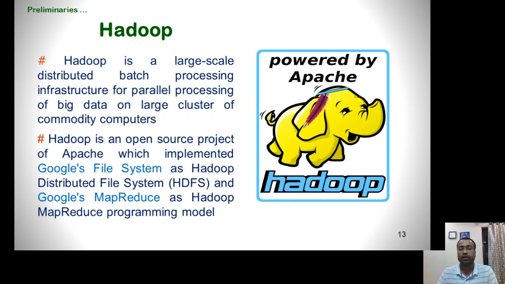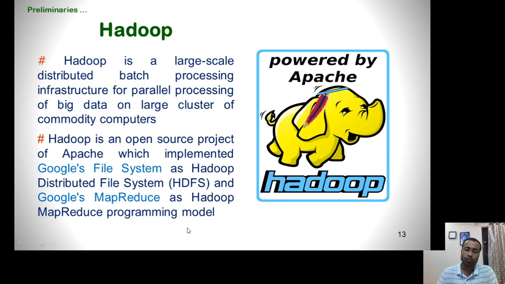Now, Hadoop is an open source project of Apache. Apache is an open source foundation that supports development of Hadoop, which implemented Google's file system GFS as Hadoop Distributed File System and Google MapReduce as the Hadoop MapReduce programming model.